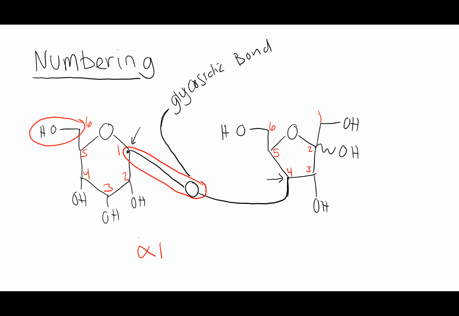So we went from an alpha 1 position to, we draw an arrow to say where it went, a 4 position. Now notice I don't have to say alpha or beta here because the second ring is not utilizing its anomeric OH to bond. It's using another OH along the ring.